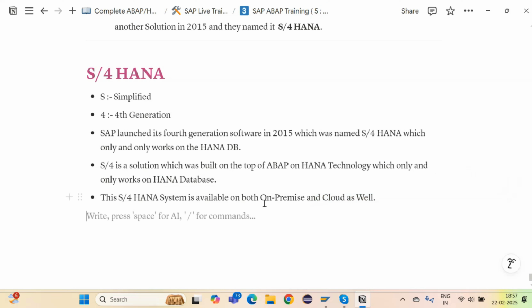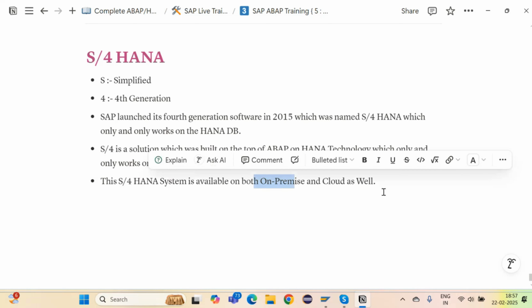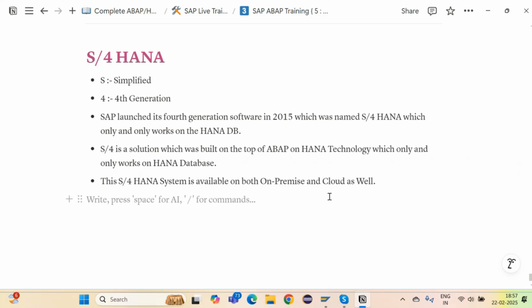They are requesting every customer to use the cloud version instead of going for an on-premise system. Last year 2023, I'm talking about 2024. Over that period of time, lots of changes have been made, but for our training, on-premise is more than sufficient. We don't need to go for the cloud. That is a separate RESTful application programming model.